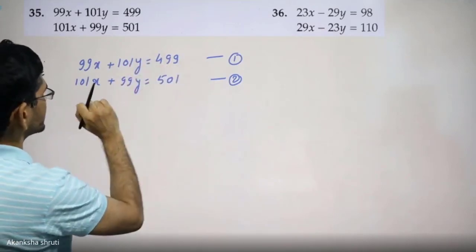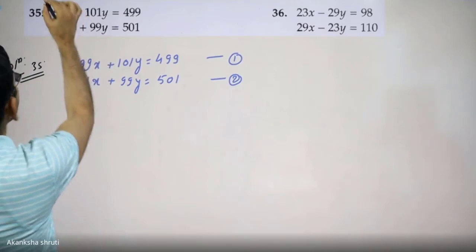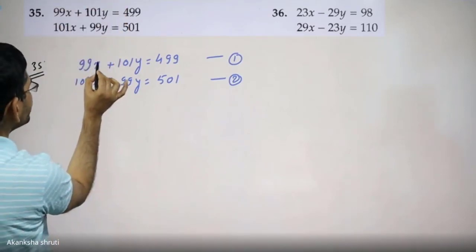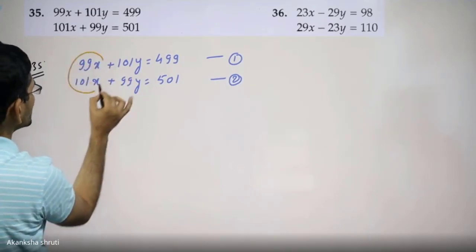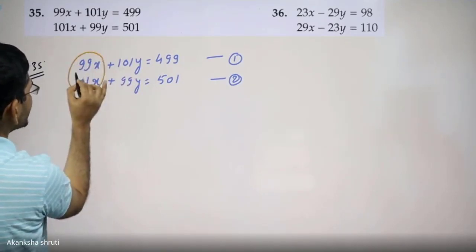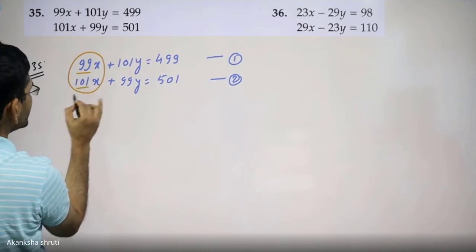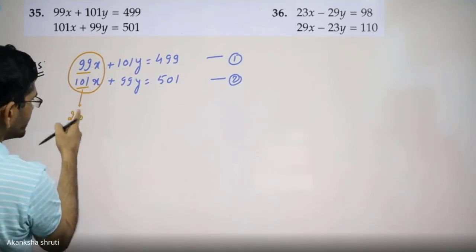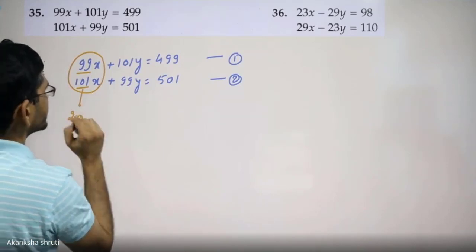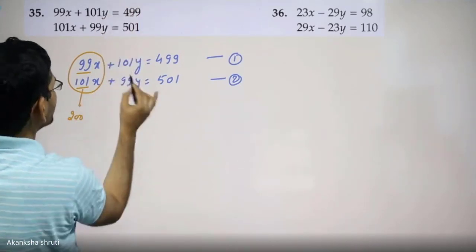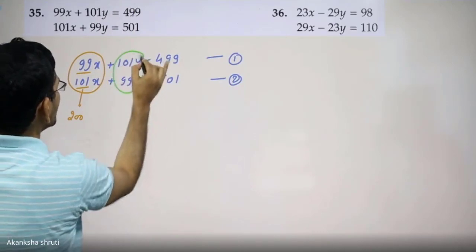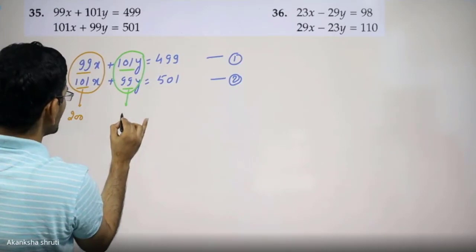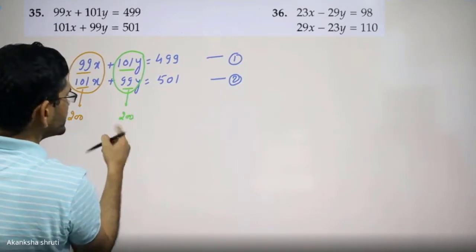If I am adding these two x coefficients, 99 plus 101, it is going to give us 200, which is a simple number to deal with. Again, if I am considering the y terms, 101 and 99, adding these two, it is going to give us 200.